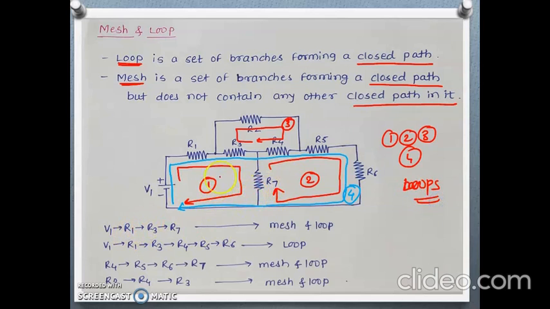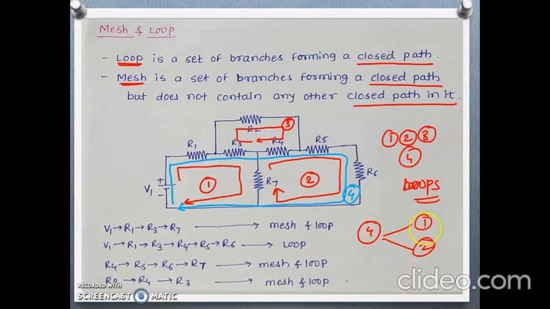So observe here, loop number 1, loop number 3 and loop number 2 are the smallest possible closed paths available in the network, whereas loop number 4 contains loop number 1 and loop number 2.